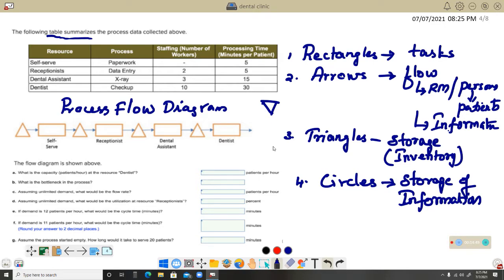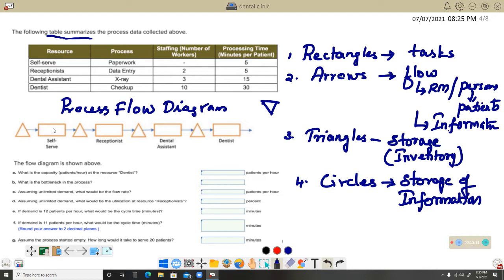Storage of what? Inventory. In some textbooks you must come across inverted triangles also. It also indicates storage or inventory. And one more symbol, we use circles for the storage only, but the storage of information. These are some of the symbols that we use to indicate the process flow diagram.